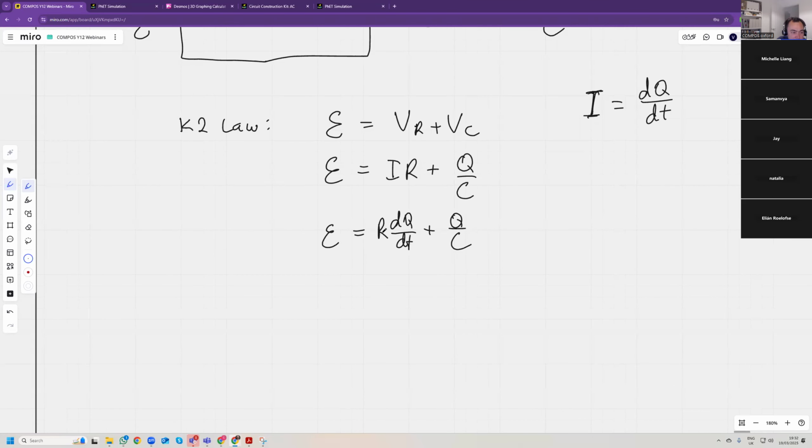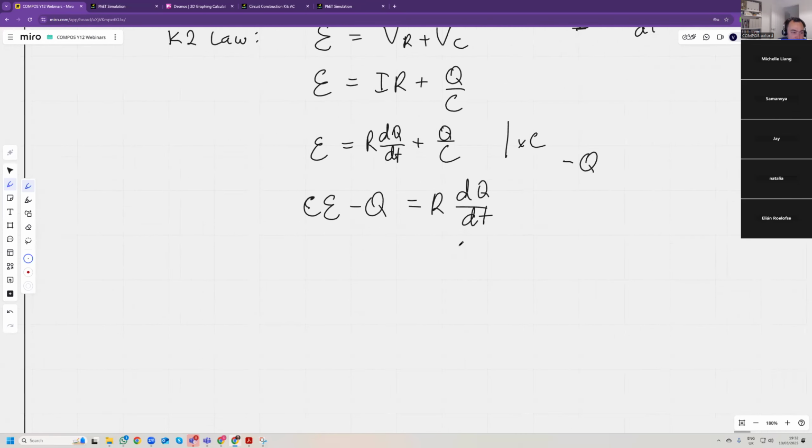Now, I can rearrange this because I want to separate Q. So I multiply everything by C, and then I subtract Q. So C EMF minus Q equals R dQ/dt.